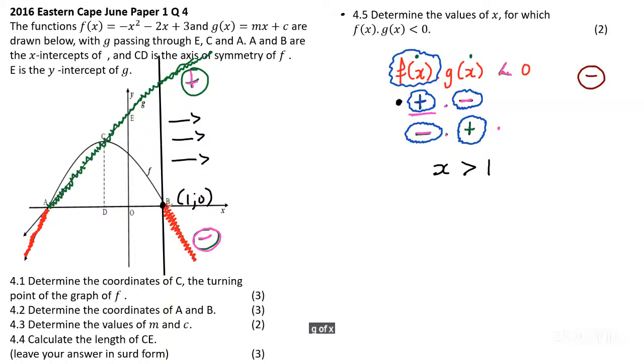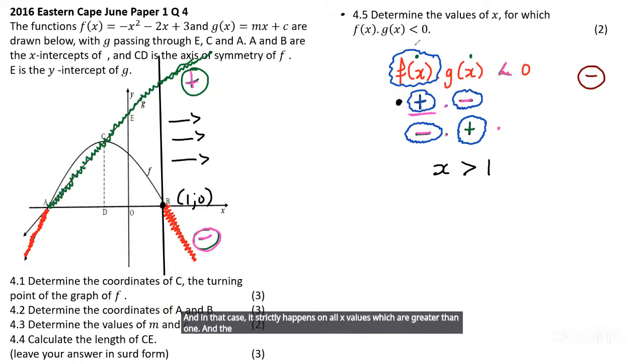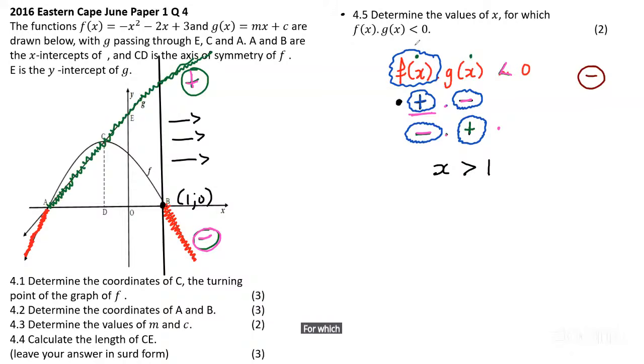And in that case, it strictly happens on all x values which are greater than 1. And the question had said, determine the values of x for which f of x times g of x is less than 0. All right, that's the story, and I'm sticking to it.